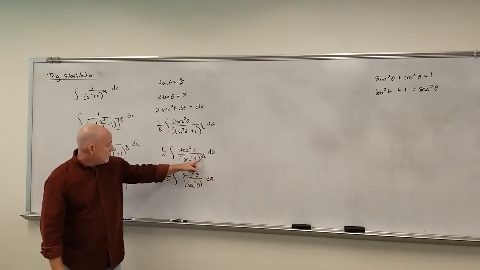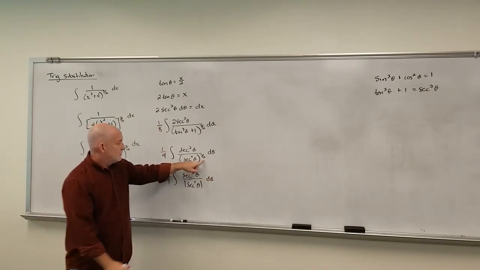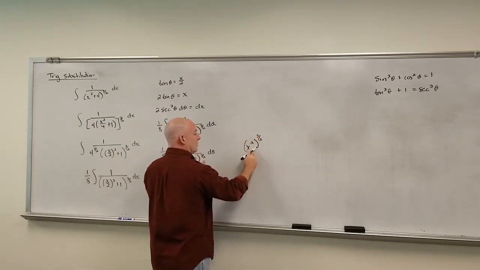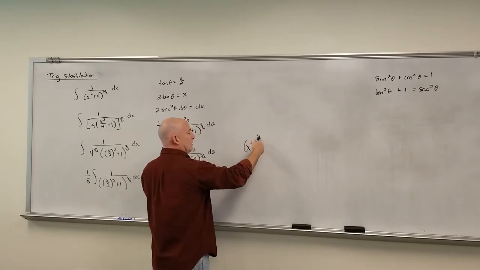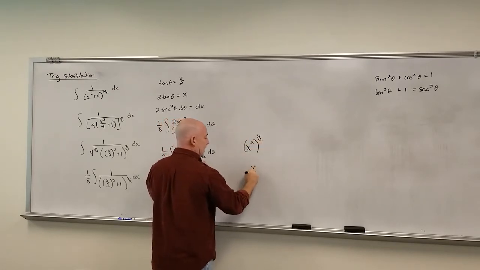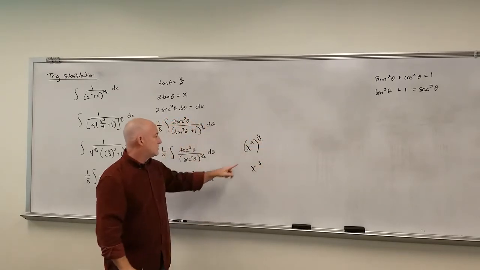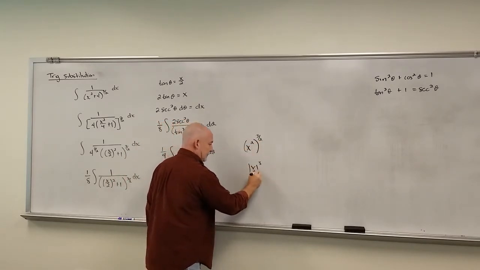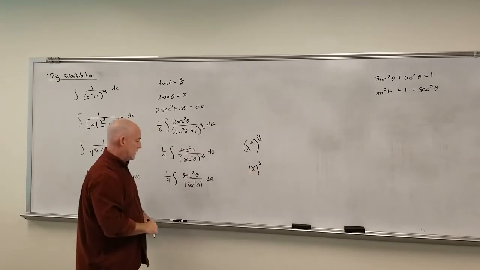Now notice the 3 stayed as the power. Basically, think about it like this: we had x squared to the 3/2 power, right? Power raised to a power we multiply, 2 times 3/2 is 3. But since you did the square root of something squared, you actually need the absolute value, whether the cube is on the inside or the outside.